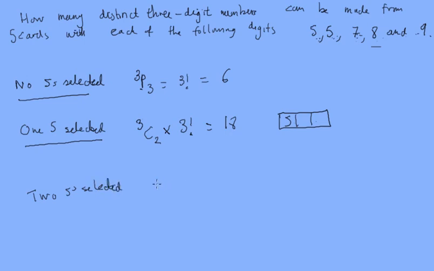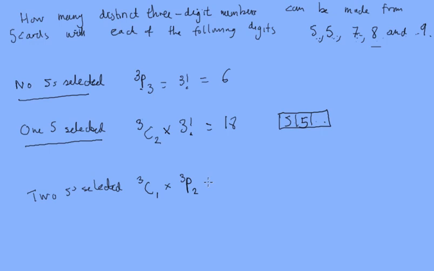Now we have 2 5s selected. So this is now the combination where, if we have 2 5s, there's only 1 space left, so we need to choose 1 number from these. So we've got our 3 and we're choosing 1 possible number. Now this time it's going to be 3P2 because we have this situation where we've got a repeat.